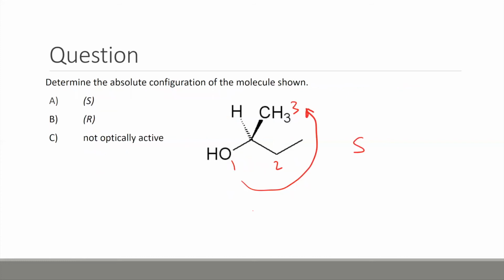Okay, we're going to determine the absolute configuration of this molecule. I've already drawn out the priority of the molecule, but we'll go through it. So the best way to think about this is, remember, if the hydrogen is put in the back, we could draw this instead in this manner with our CH3 here, our OH here.